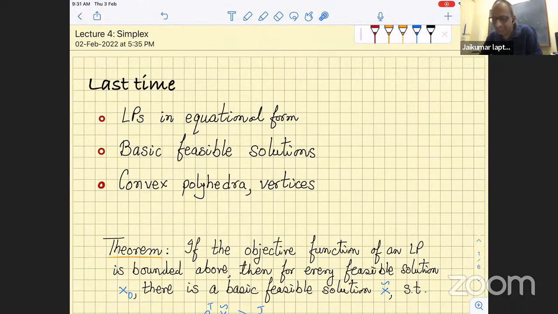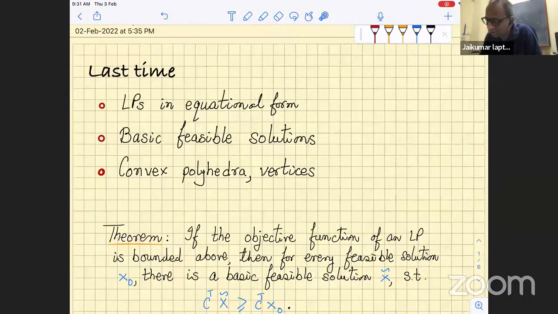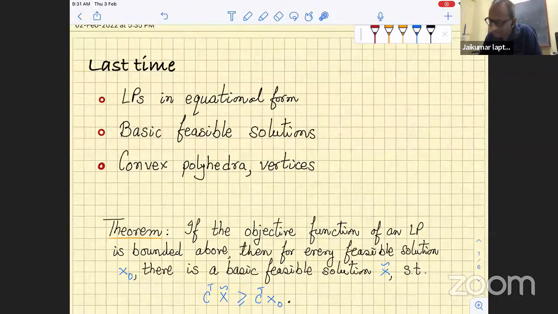Okay. So last time we basically followed the book and showed that if you just want to solve LPs, that is, find their optima or determine if they are feasible or unbounded, it is enough to consider LPs in equational form.